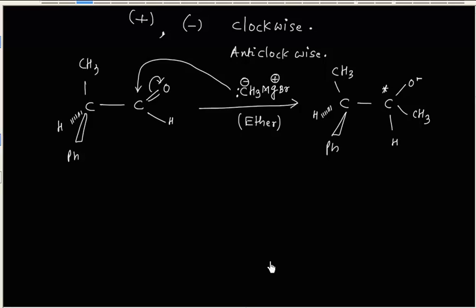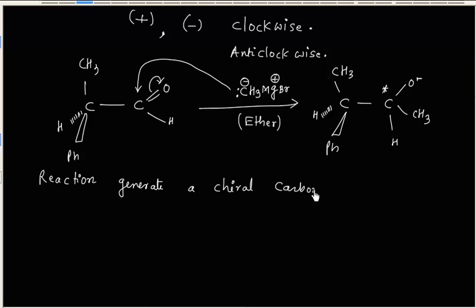So basically this reaction generates a chiral carbon. So this carbon is chiral. So the reaction generates a chiral carbon.